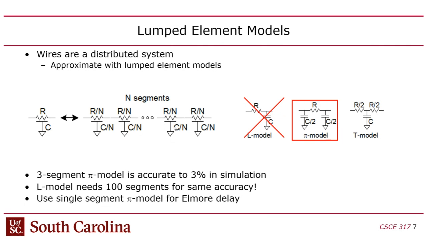So in order to get around that, they use a lumped model. A lumped model is where you subdivide the wire into a discrete number of units. You decompose it into a discrete number of segments, I should say, and each segment has its own capacitor and resistor, and that way you get a finite number of evaluation points along the wire.